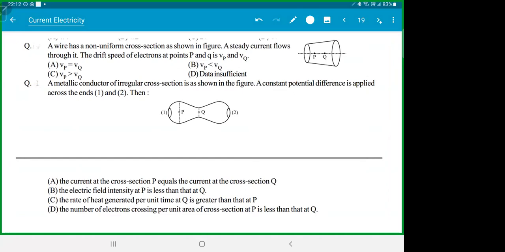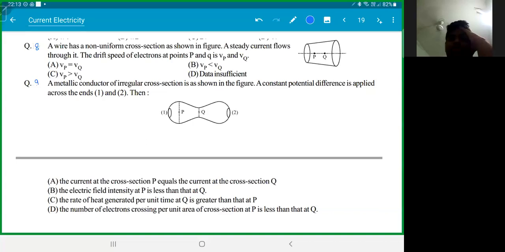How do you do these two? Try for 2 minutes. C.